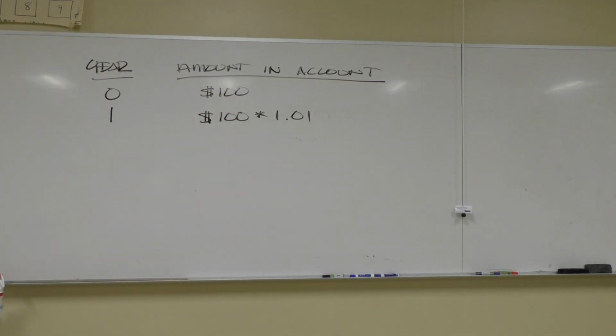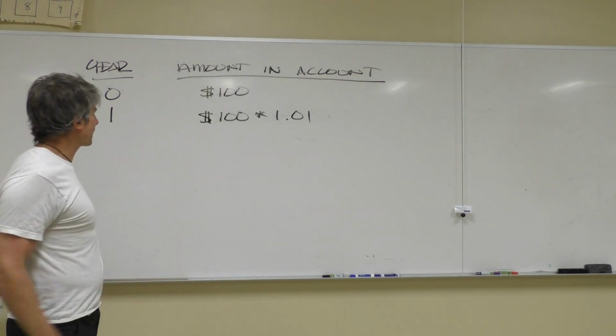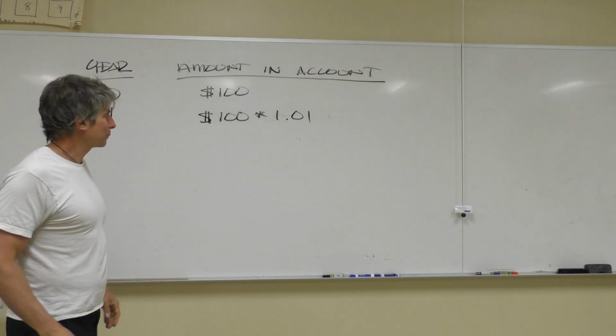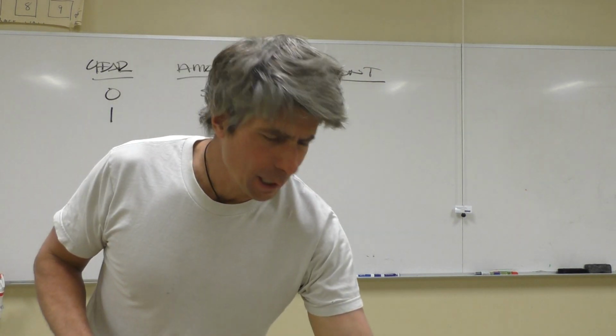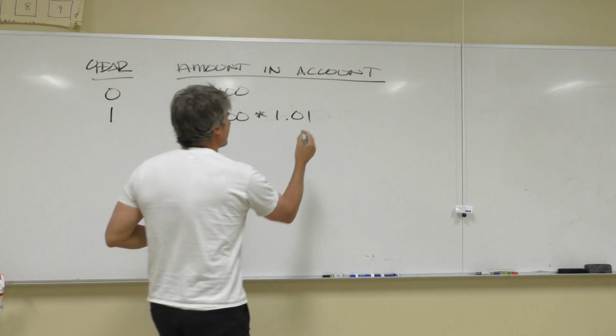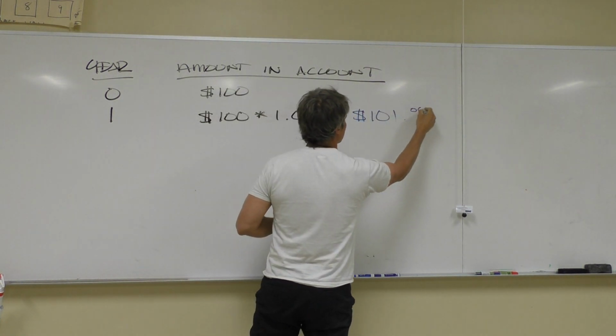That actually does look a lot simpler than when we had something plus something else. Now I'm going to write what that equals next to it. We know it equals $101. We figured that out last time.